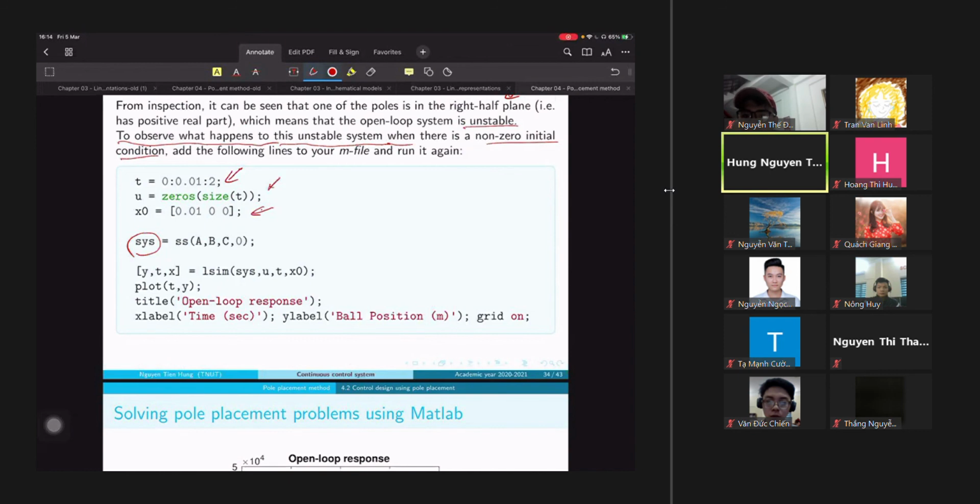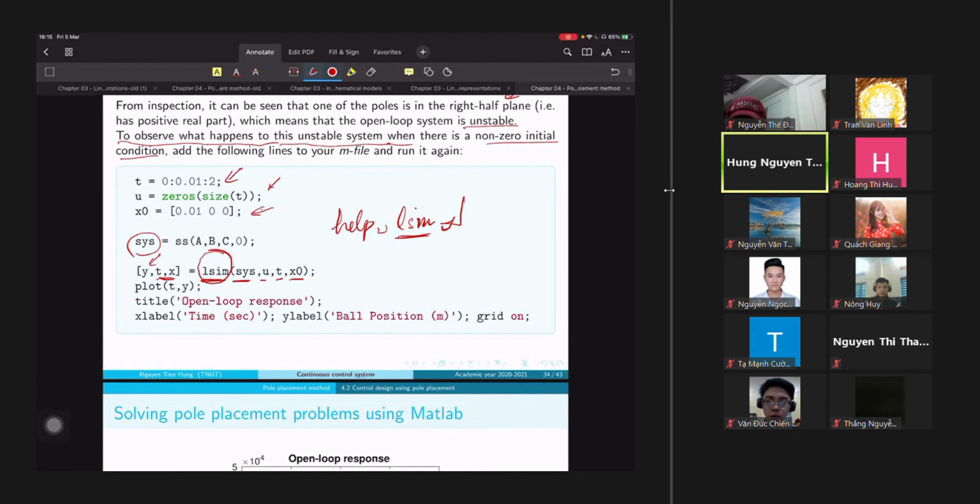So we have the linear simulation of the system with the input, time t, and initial condition. This is the MATLAB command that you can use, and it gives the function y of t and also other output parameters. Again, if you don't know this, you can use help for the linear simulation command, and MATLAB will help you see this.